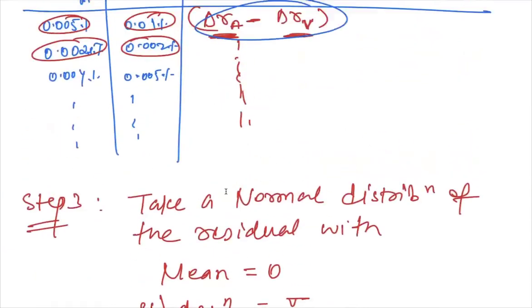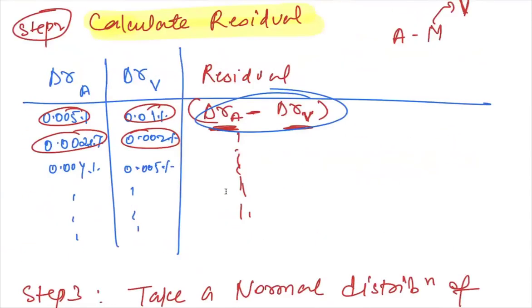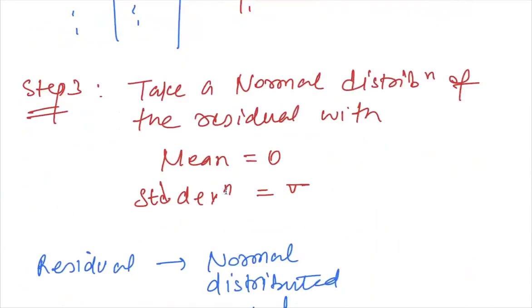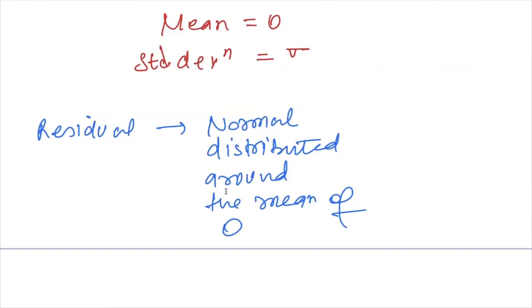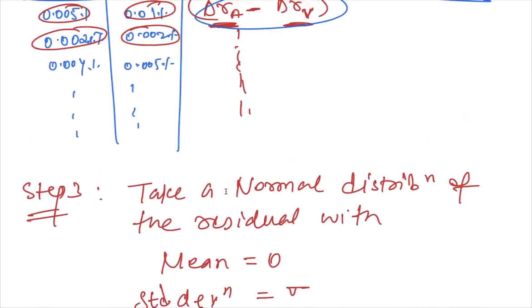Okay, tell me one thing. This residual is nothing but your error term, right? What is the difference between your actual value and your Vasicek value? That is nothing but your residual, or you can also say error. So when we say that this error is normally distributed around the mean of 0, what we are trying to say is, residual is actually the error term.